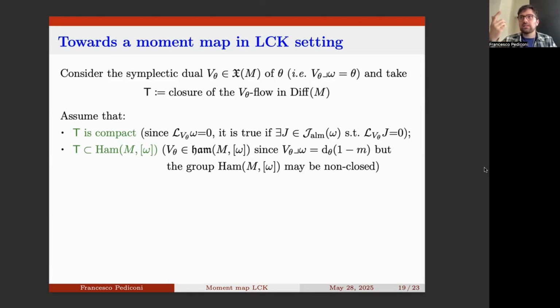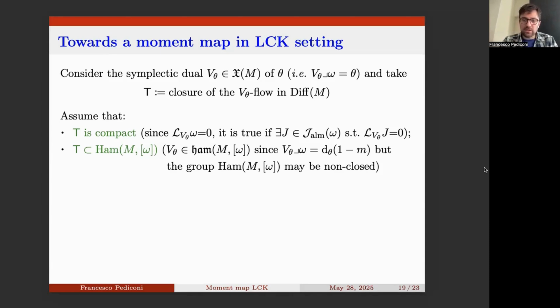Notice that the fact that this group, obtained as the closure of the V flow, is compact can follow from the existence of an almost complex structure which is compatible with omega and preserved by V. Whenever you have such a complex structure, you get a corresponding Riemannian metric, and V is going to be a Killing field for this metric.